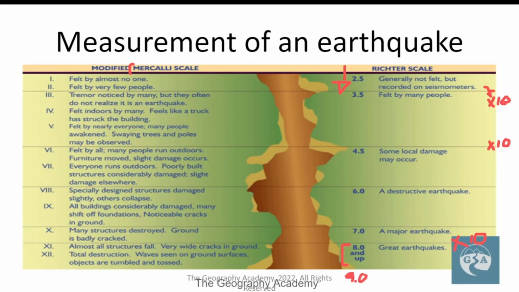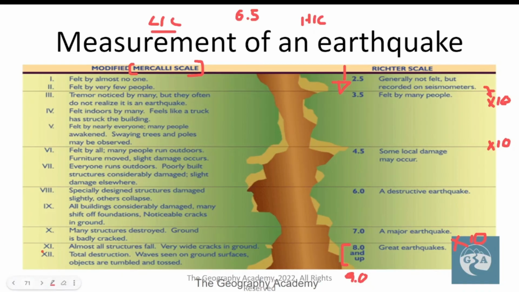The Mercalli scale then is used to sort of describe the impacts more than anything. So if we had, let's say, a low-income country and a high-income country, they both receive an earthquake of 6.5 magnitude on the Richter scale, let's say, but the LIC is less prepared for this.